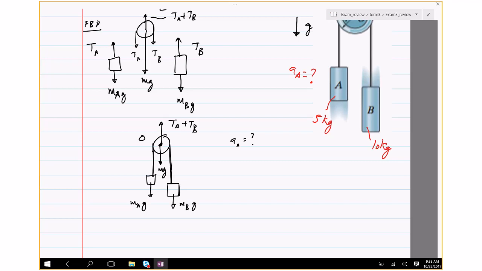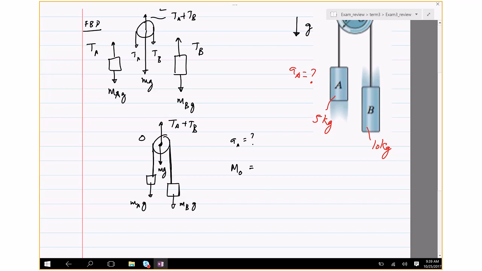However, if I use the moment equation judiciously, then I may be able to eliminate TA and TB, right? I can take moment about any point I want. Now, if I take moment about a particular point, I can eliminate TA and TB. What is that point? Oh, if I take moment about O, then I essentially eliminate TA and TB.